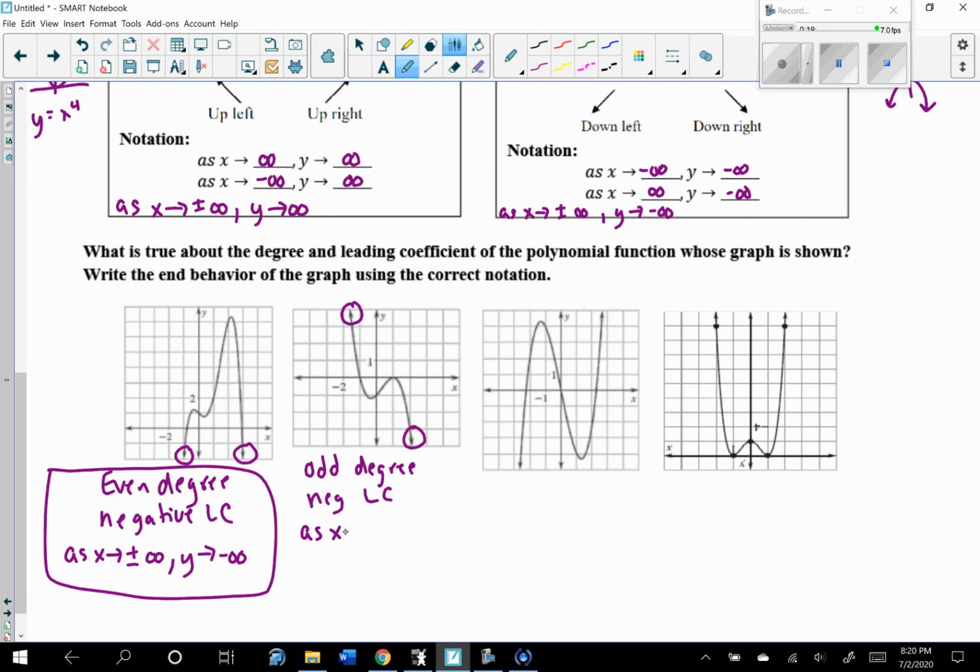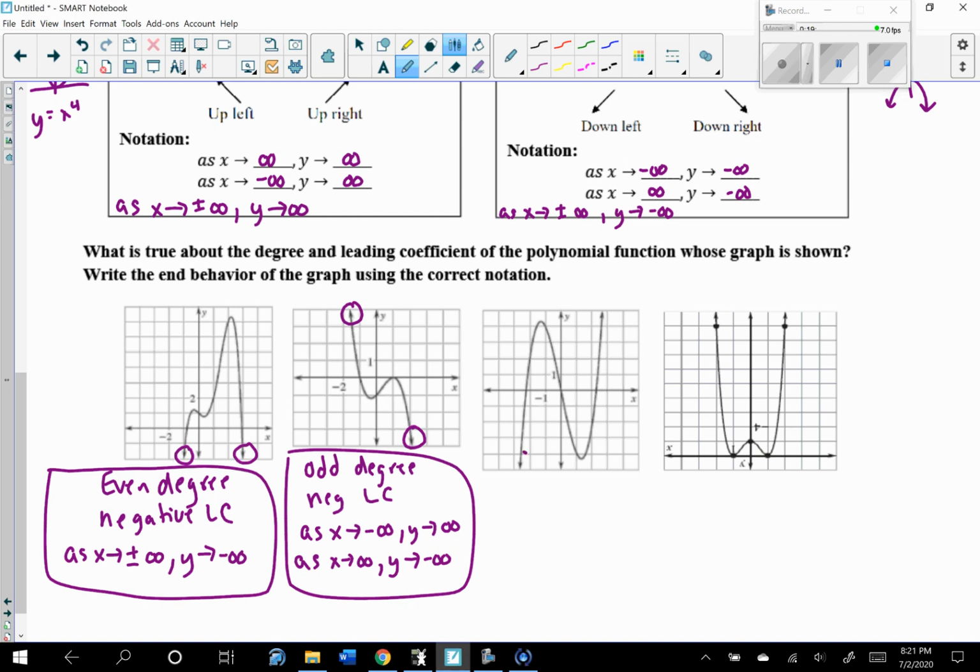As x approaches negative infinity, this side of my graph, your y values go towards positive infinity. And as x approaches positive infinity, so now the right side, your y values are going down towards negative infinity.